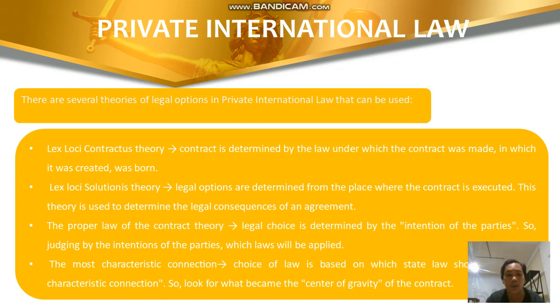This theory is used to determine the legal consequence of an agreement. Three, the proper law of the contract theory: legal choice is determined by the intention of the parties, judging by the intention of the parties which law will be applied. And then the most characteristic connection.